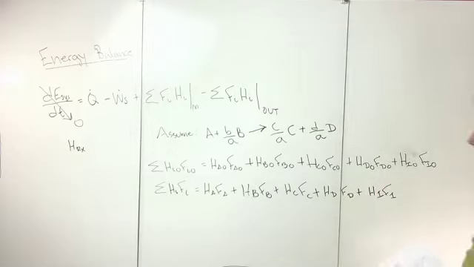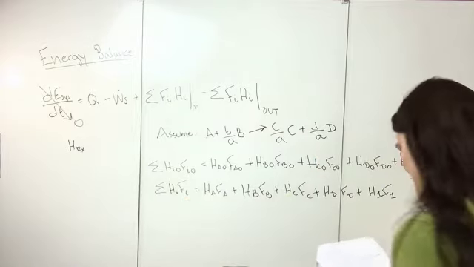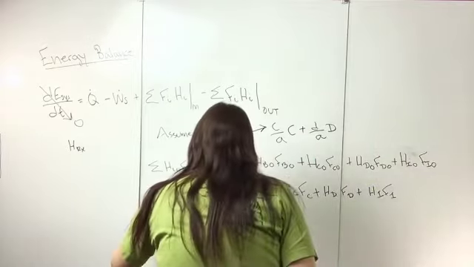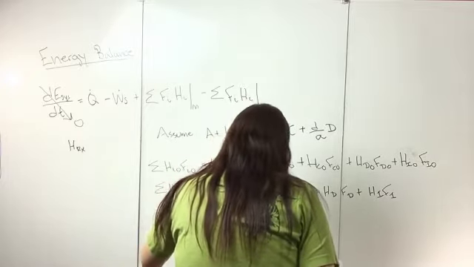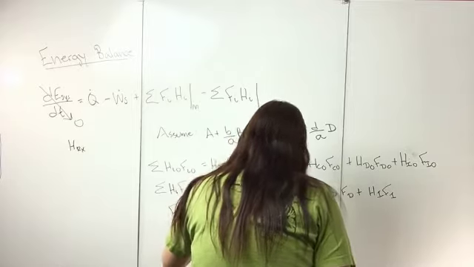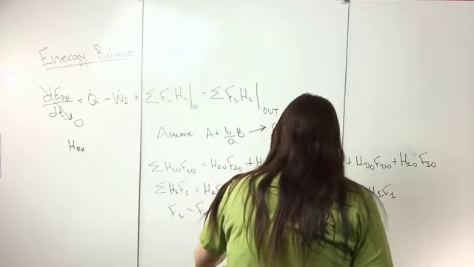And then we want to express these molar flow rates in terms of conversion. So we can do that. You should remember that F_i is equal to F_A0 (theta_i plus nu_i X).